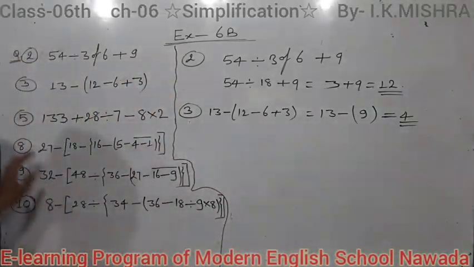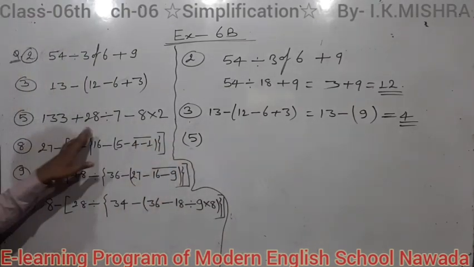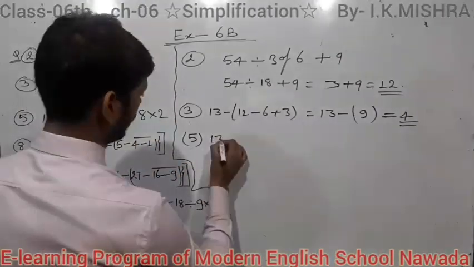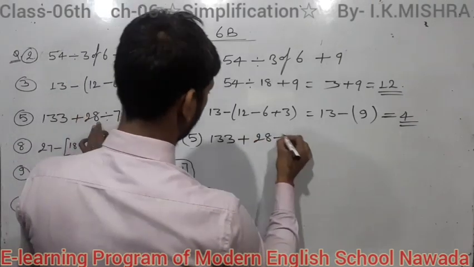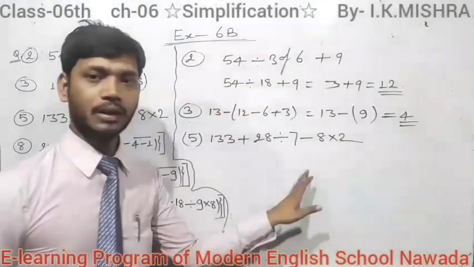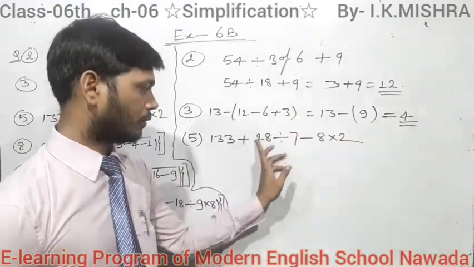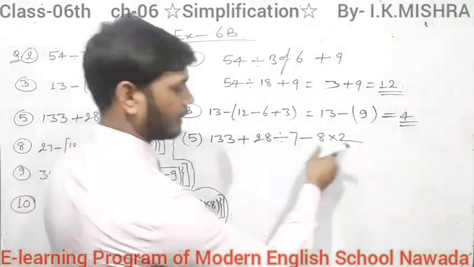Now proceed to question number 5. Here in question number 5, 133 plus 28 divided by 7 minus 8 into 2. Students, here first of all do the process of division, only division. Here division, after that multiplication.